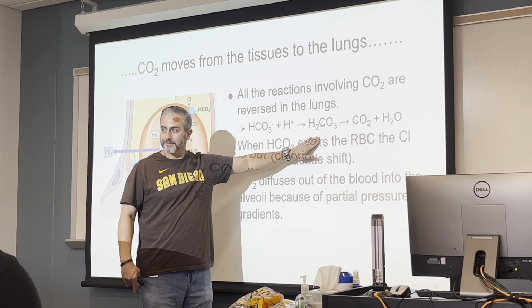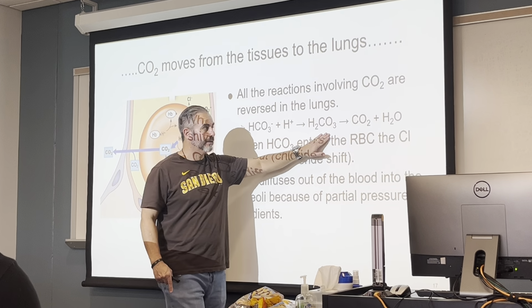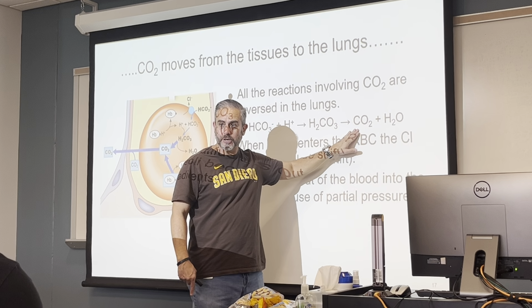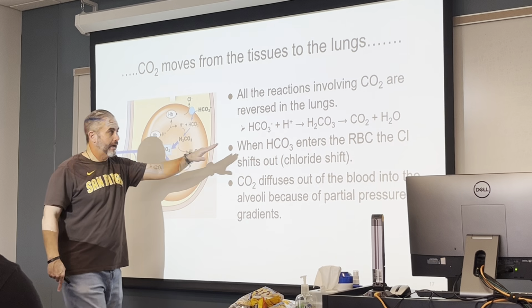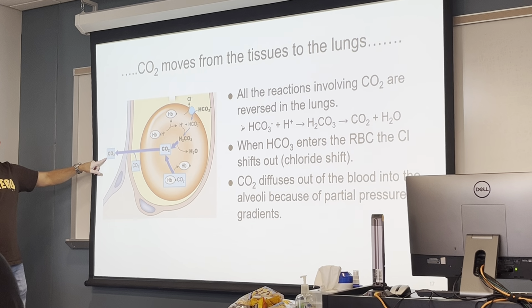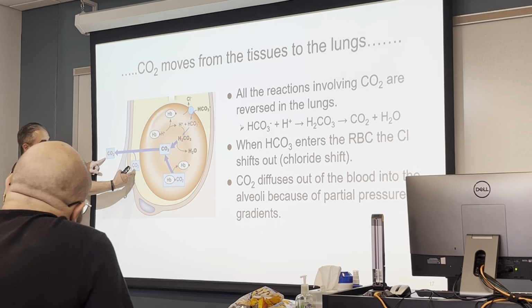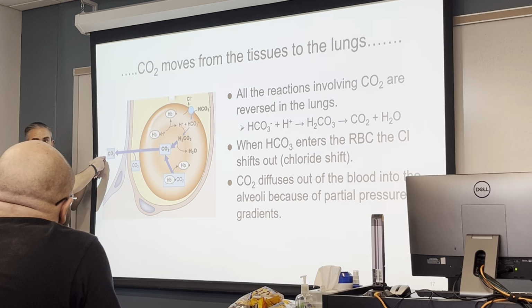What's with a C? Carbonic acid, which then rapidly splits off into water and CO2. And now that the CO2 is there, where does it go? Back into the alveolus. Also picking up the CO2 that was in the plasma, also picking up the CO2 that was bound to the hemoglobin.